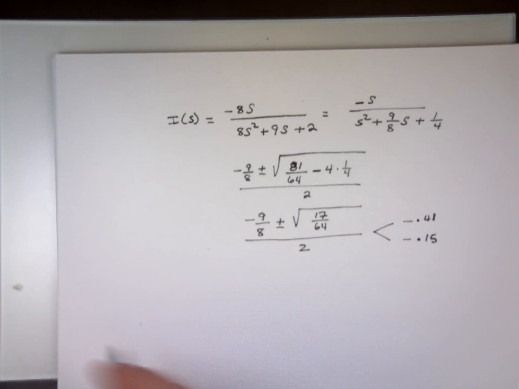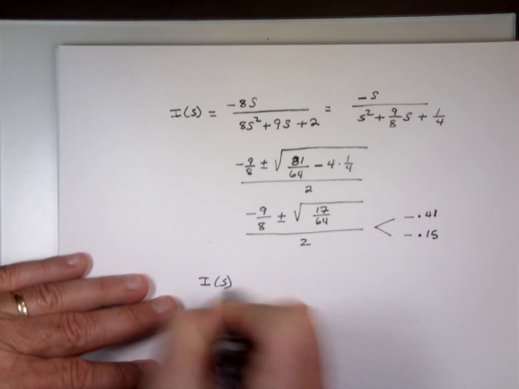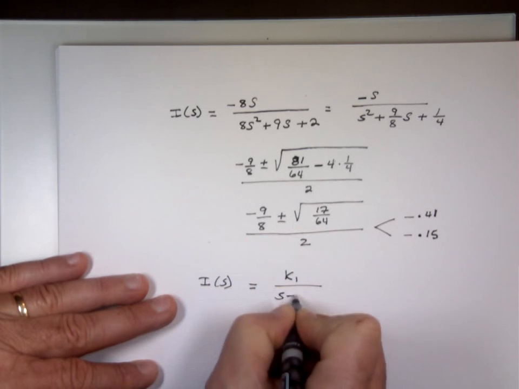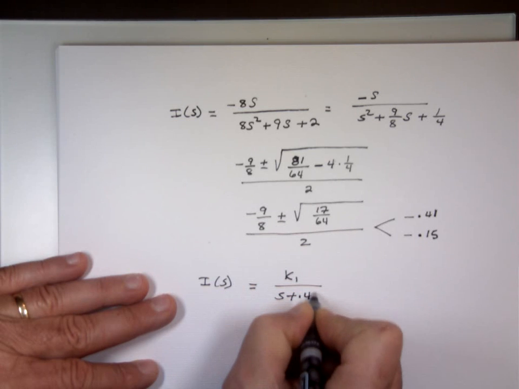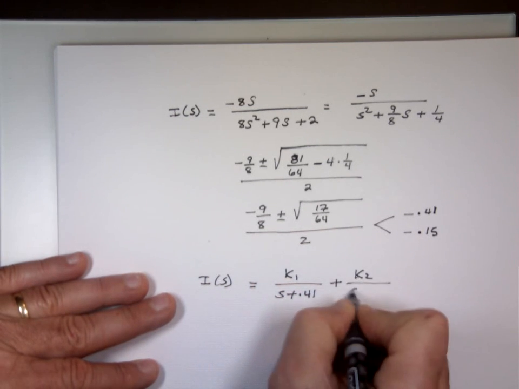So you can write I sub 1, or I as a function of s, to be k1 over s plus 0.41 plus k2 over s plus 0.15.